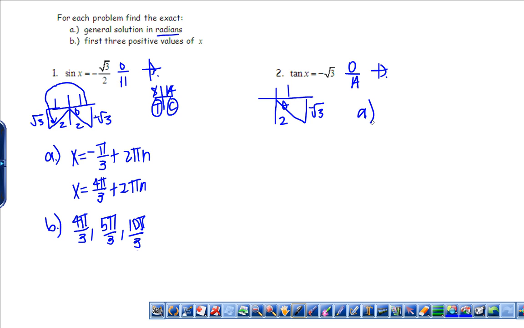So A is going to be x equals negative pi over 3 plus pi n. Remember, it's 180. So my b values, or my first three positive values, are going to be 2 pi over 3, 5 pi over 3, and 8 pi over 3.